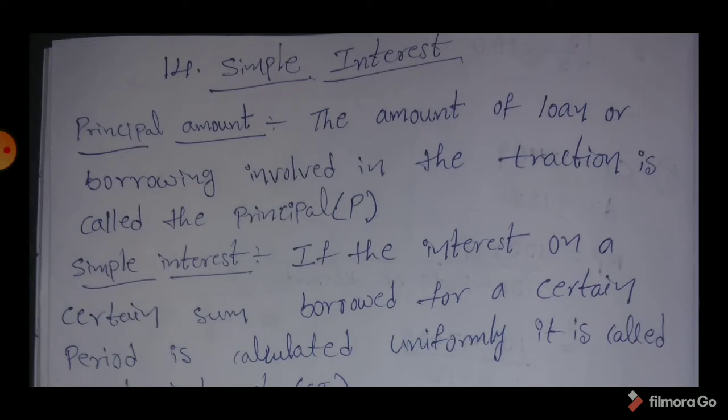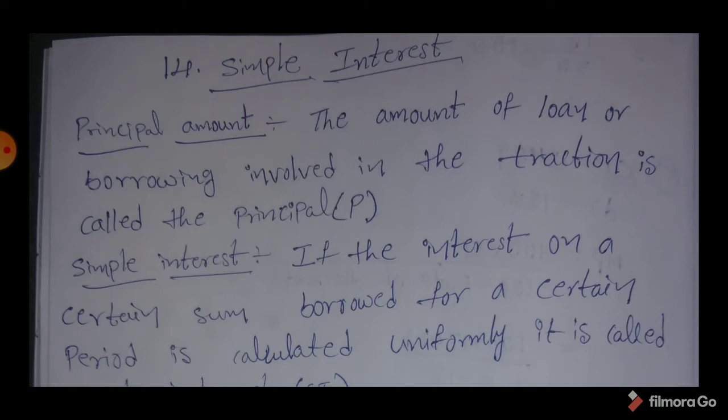After 2 years the poor man wants to repay the amount to the rich man by adding some amount to that given 1,000, like 200 or 300. He is going to give back the amount of 1,200 or 1,300 to the rich man.